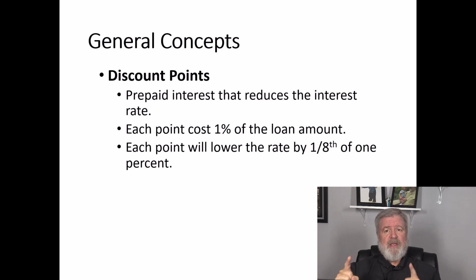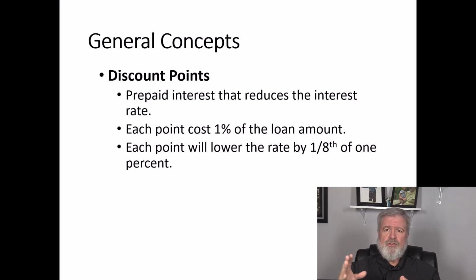Where you've got to be careful here for test purposes. This percentage, if they're asking you how much a discount point costs, is always based on the loan amount, not the purchase price. So they may give you a question. John's buying a $200,000 home using FHA financing, and he's buying 2 discount points.